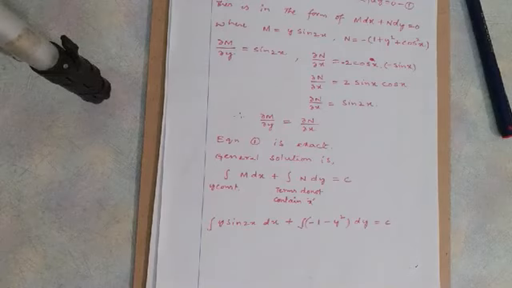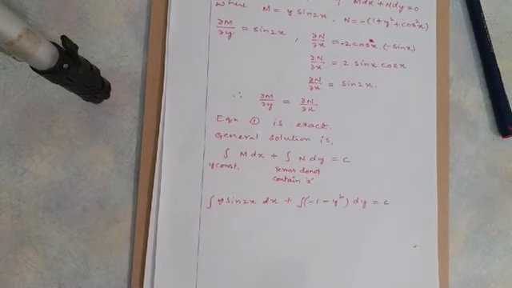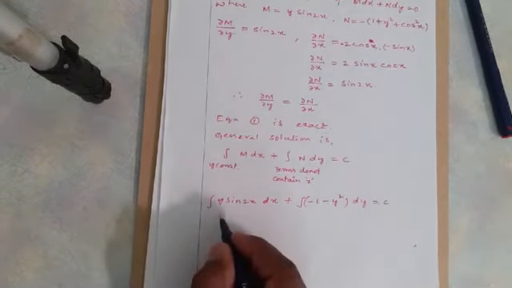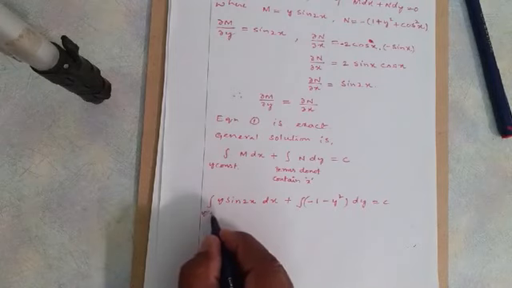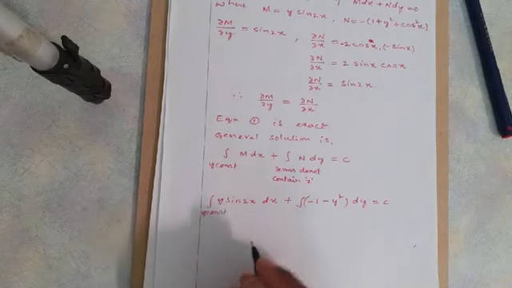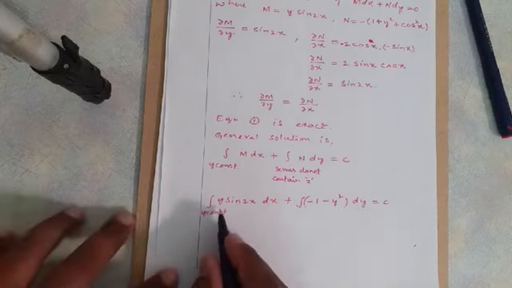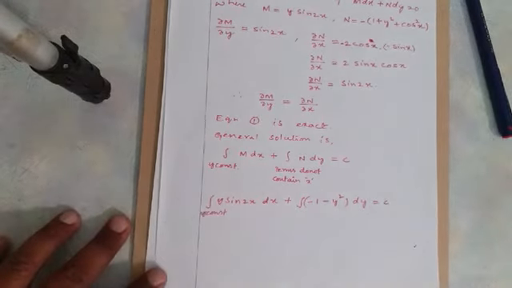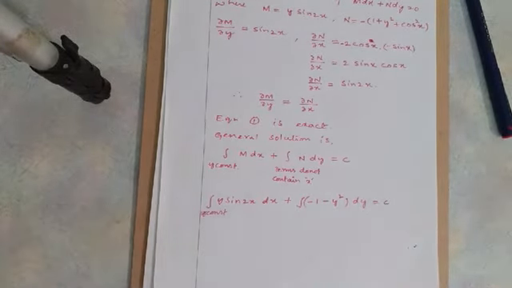Then after writing that, we integrate now. When you integrate, keeping y constant, here we have y constant, keeping y constant. So here y should be put as constant, and you have to integrate sin 2x. Integral of sin ax dx is equal to minus cos ax by a.